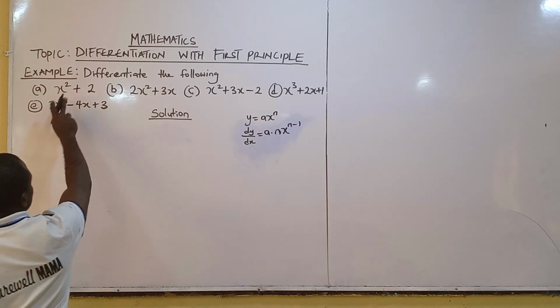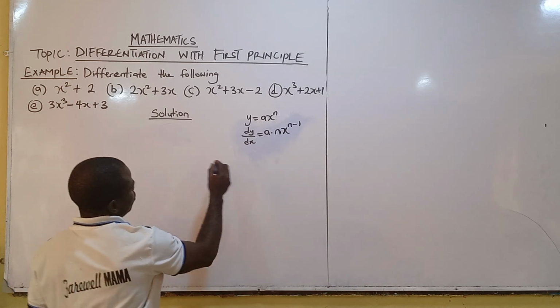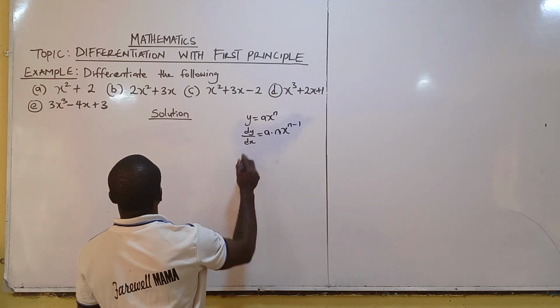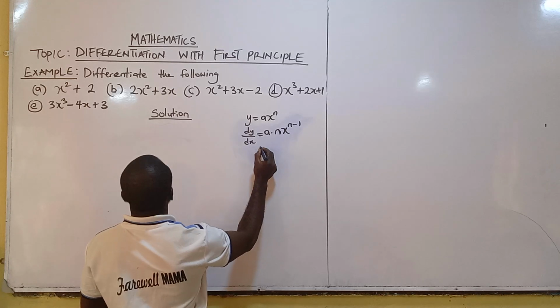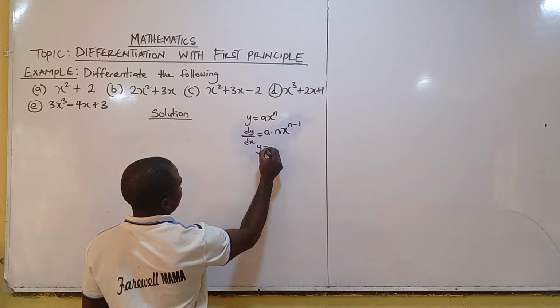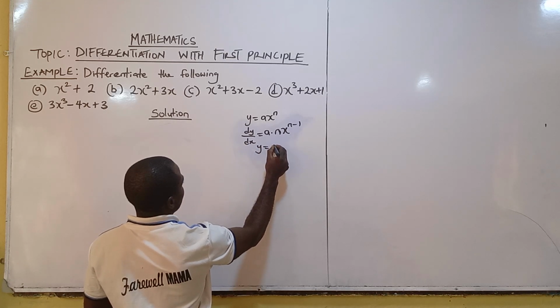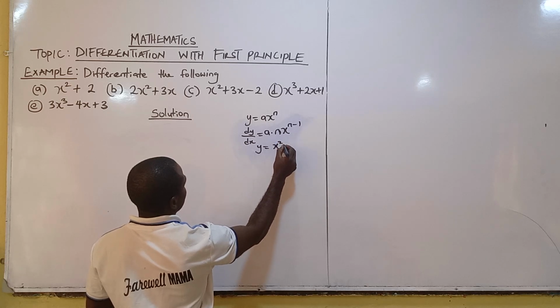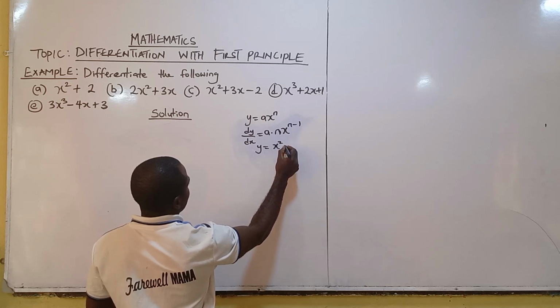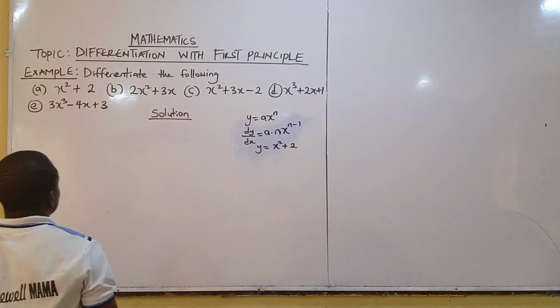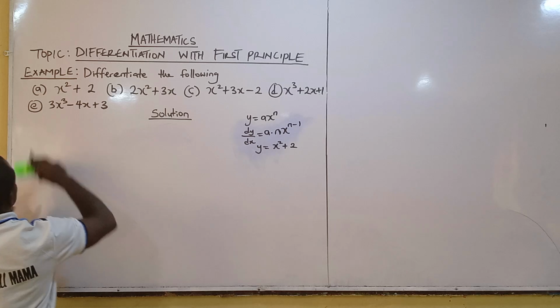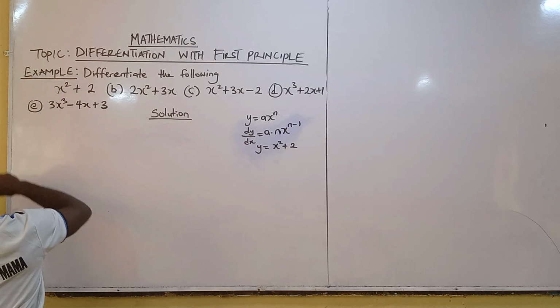Normally, if you want to differentiate this, you should use the general method. For the first one, you have y equals x squared plus 2. Take this to be y.